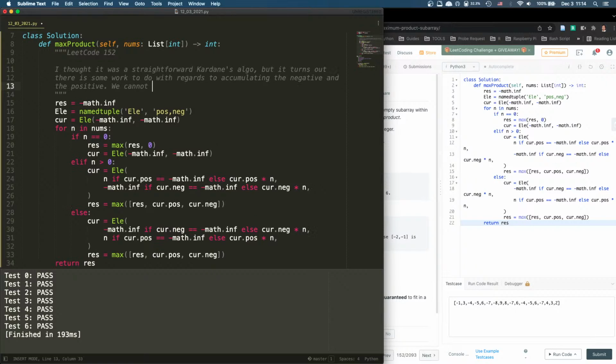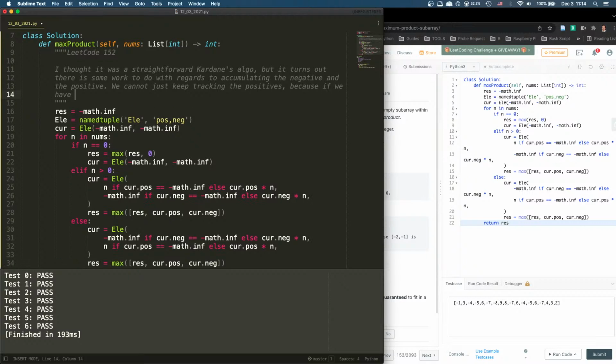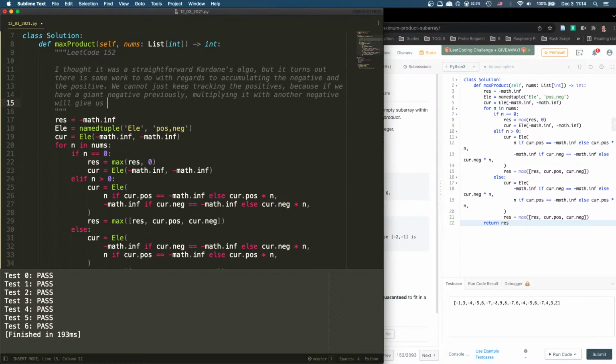We cannot just keep tracking the positives, because if we have a giant negative previously, multiplying it with another negative will give us a giant positive value.